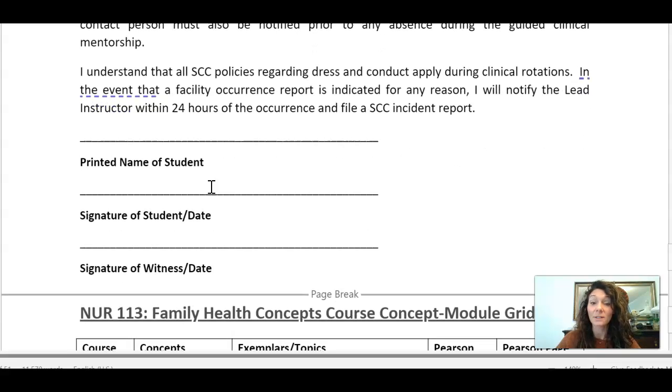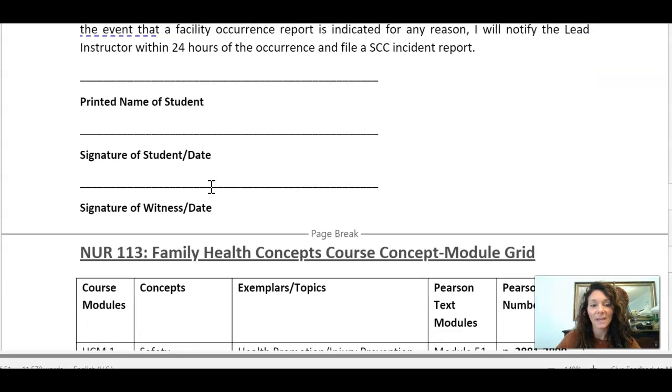If you're not, actually, I would rather you print it and sign it and bring it to me along with the honor code, which is also posted as a separate document on Moodle, and bring it with you on the first simulation day. That way I have a signature from everybody.